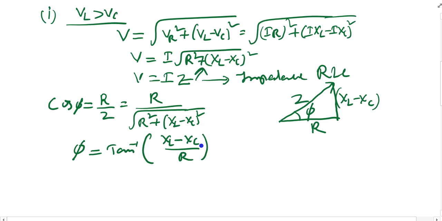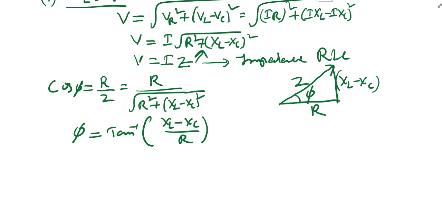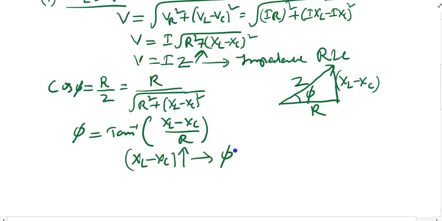So these are the different relations I'm getting from this impedance triangle to analyze the possibility of formulas we can get. Suppose my XL minus XC increases, then what is my phi? Phi also increases. That is the point I can highlight here.